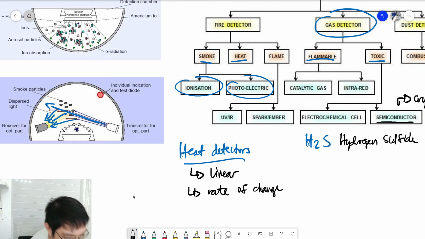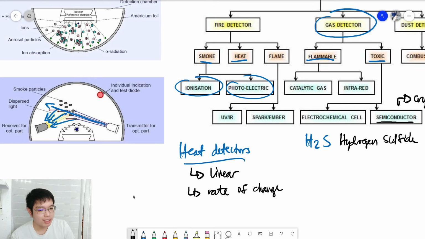Another is the rate of change, which does not look at the fixed value of the temperature itself, but rather how fast the temperature is changing. Okay, how fast is the temperature rising? This would best work if you have a linear type as a backup, in case the flame is changing the temperature in a certain room too slowly for it to be detected.